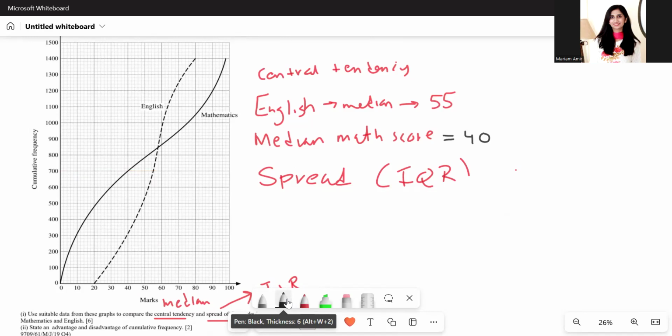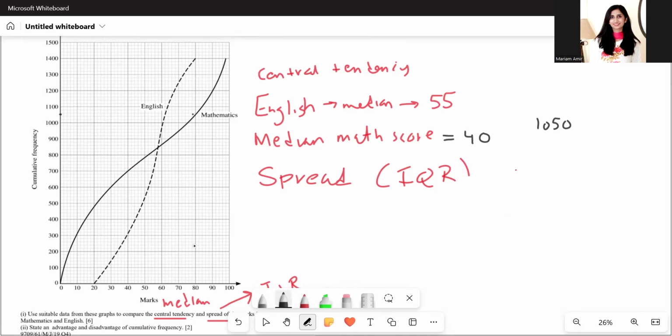So 3/4 of 1400 is 1050. That will give us the upper quartile. Okay, let's see, where is 1050? So 1050 will be right in between. I'm going to take this here, and that is around giving us an upper quartile of 80.